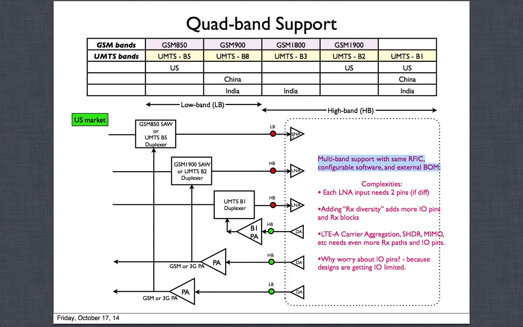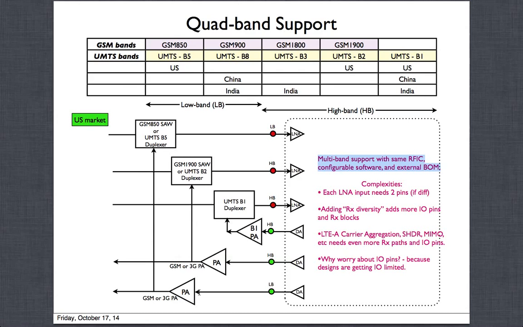Now if this path is not with a GSM, but you're saying I'm going to support band 5 UMTS, could be CDMA, LTE, WCDMA, whatever you're trying to support through that path, then you will have the duplexer, and this PA at that time will not be a GSM PA, it will be a 3G, 4G type of linear PA.